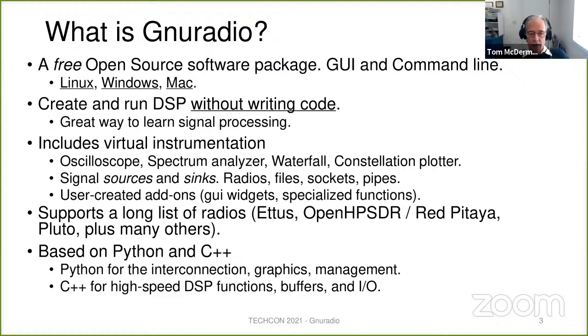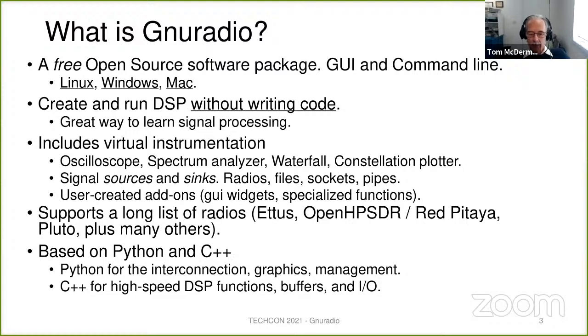GNU Radio is based on two programming languages, Python and C++. You don't really need to know either one of these in order to use it, and I'll show you that in just a minute here. Python is used for interconnecting blocks, for wiring up blocks, for displaying the graphics on your screen, for letting your virtual instruments have widgets and sliders and things, and for managing the flows.